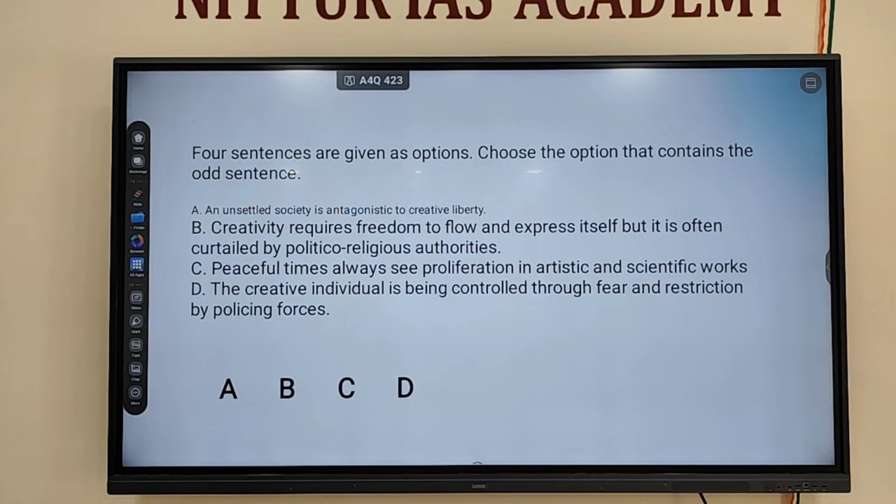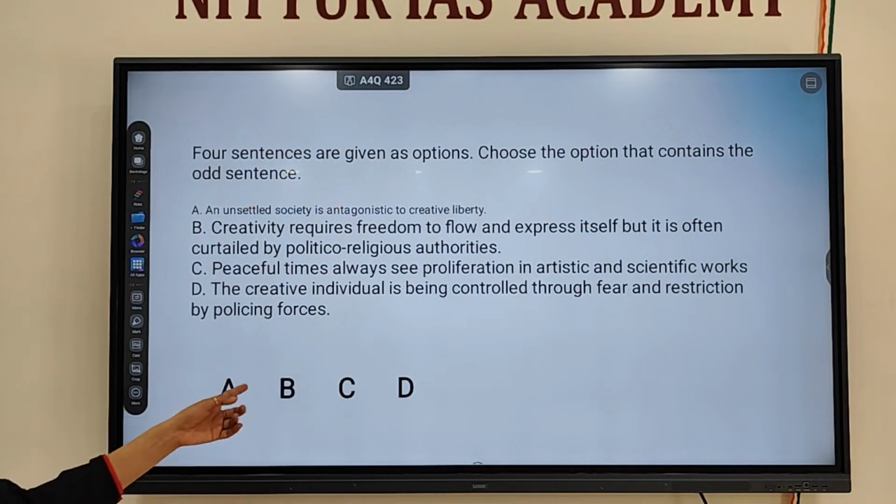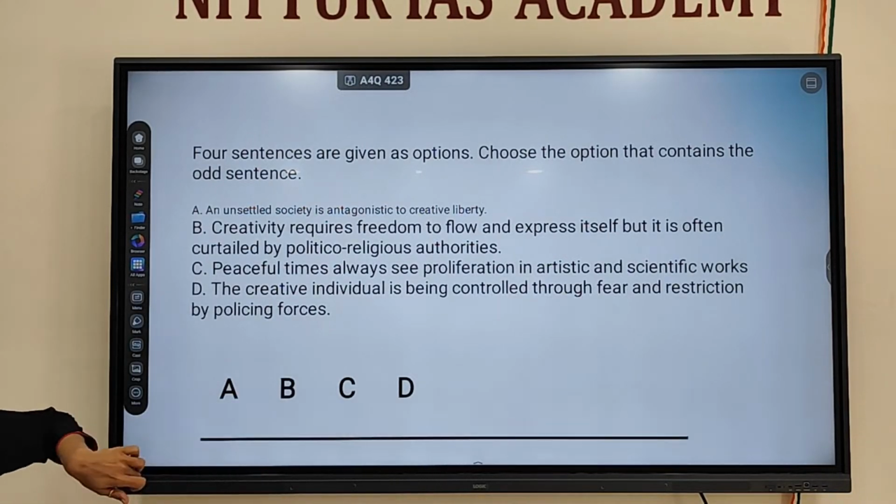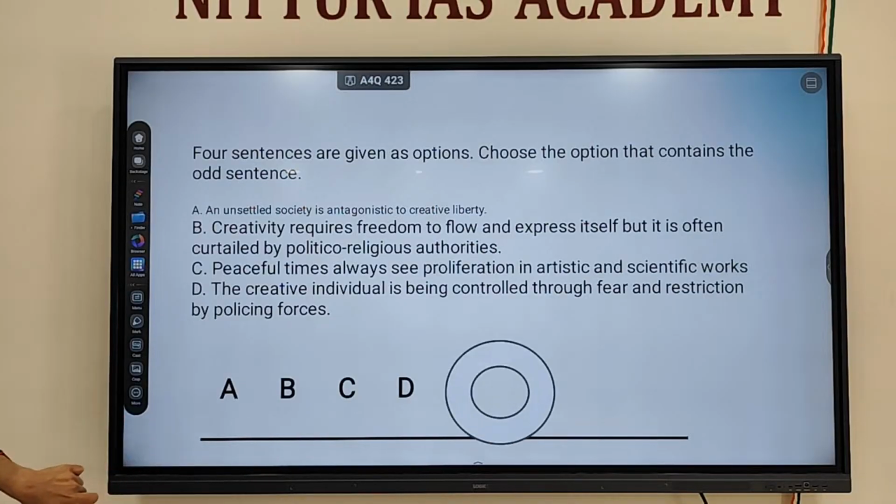Yesterday also, not yesterday, the previous class also, we had this. What is the meaning of the first option? An unsettled society is agnostic to creative liberty. So, society which is not... what is agnostic? First, tell me that. Think.